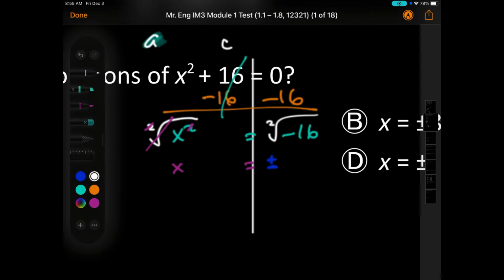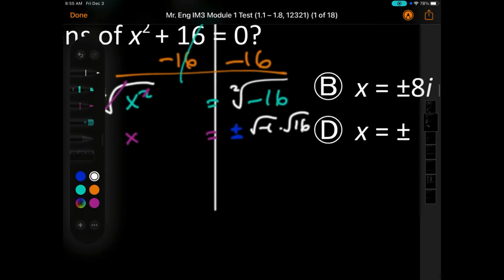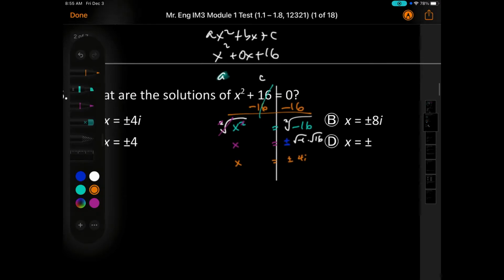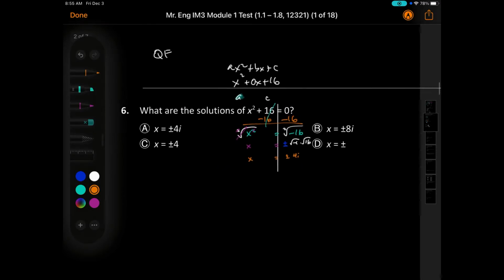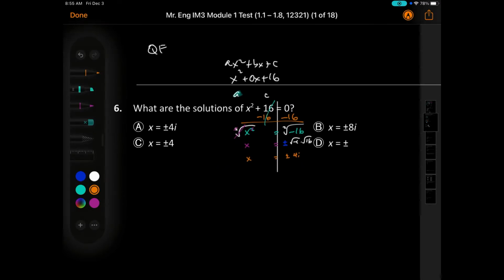So remember, this becomes square root of -1 times square root of 16. And we just heard the pirate say, aye. So this will become x equals plus or minus 4 from the square root of 16, and square root of -1 is i. And this would be choice A.